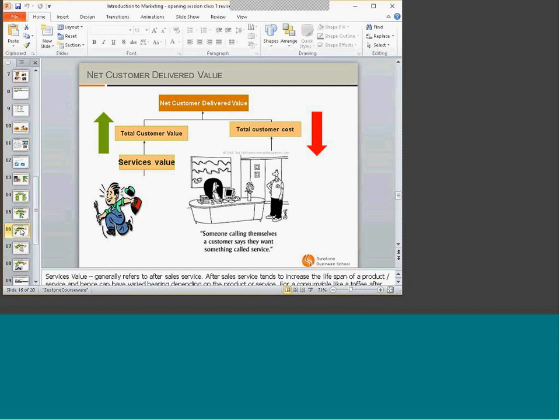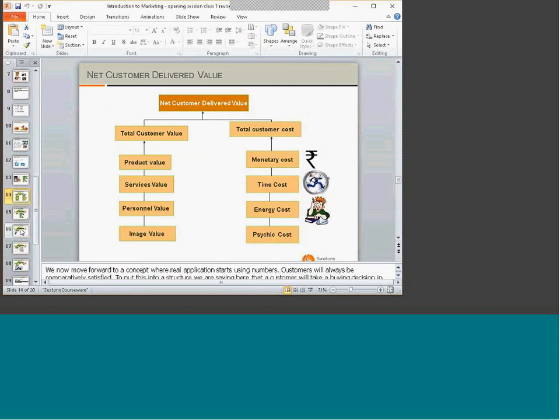Now when you see this total customer cost on the top, you also find the first part, the monetary cost. You can increase monetary cost when you believe that your net customer delivered value with respect to your next competitor is very high. For an iPhone 6, say the Samsung S6 is the closest competitor, there is nothing else.